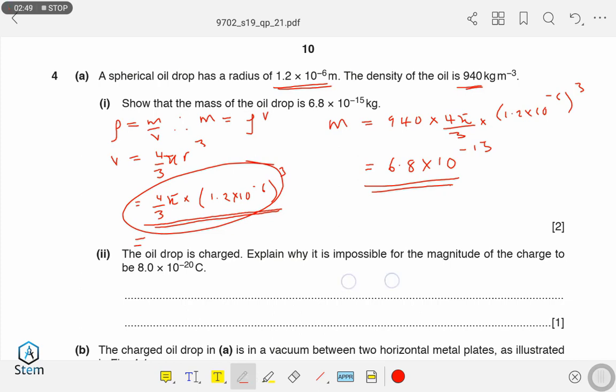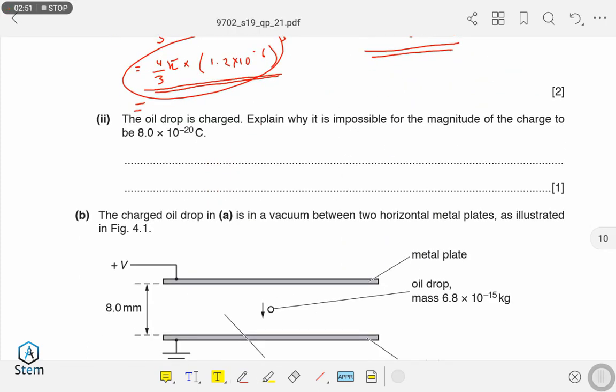Alright. The oil drop is charged. Explain why it is impossible for the magnitude of the charge to be 8.0 times 10 to the power minus 20.